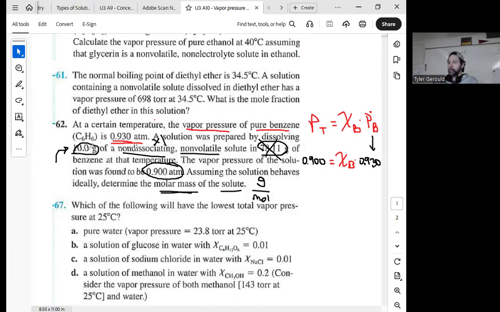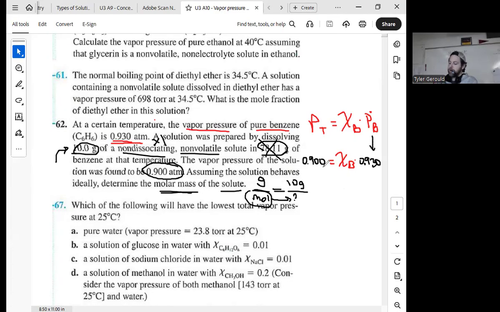I have the 10 grams. And all I need to do is figure out how many moles are in solution and divide, and I should get the molar mass. And we can get those moles from our mole fraction. If we rearrange this and solve for the mole fraction, that's 0.9 divided by 0.93.